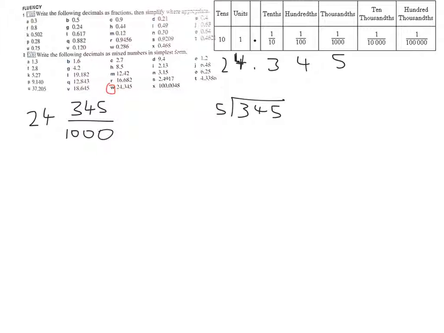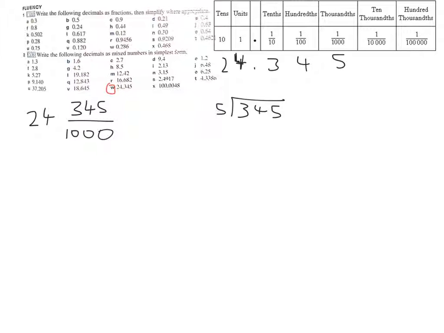We ask how many groups of 5 go into 3. It doesn't. So now we go to the next number. How many groups of 5 go into 34? We know that 5 times 6 is 30. So 5 goes into 34 a maximum of 6 times.